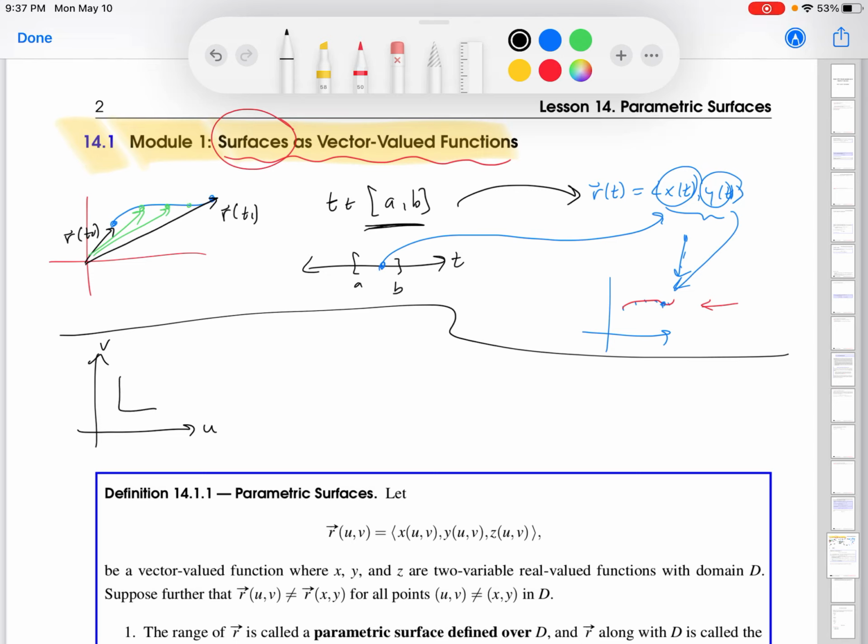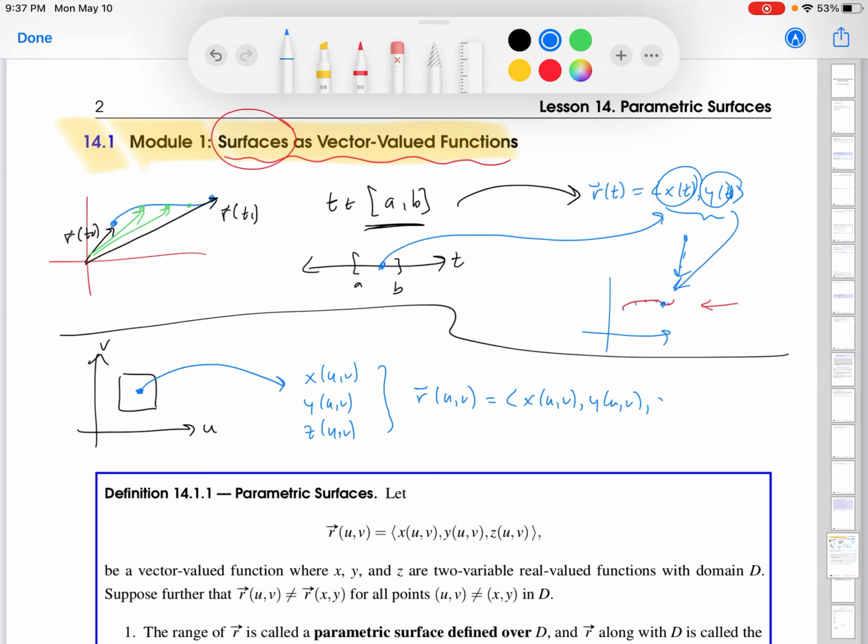Most of the time this will be a rectangle where we choose a point, a u comma v value, and then we are going to put that into parametric equations that depend on u and v, and then we are going to put those into a vector-valued function that depends on those parametric equations.